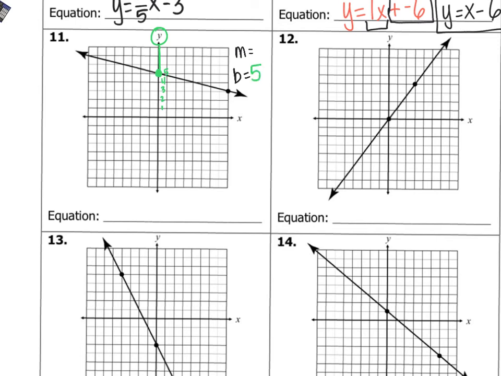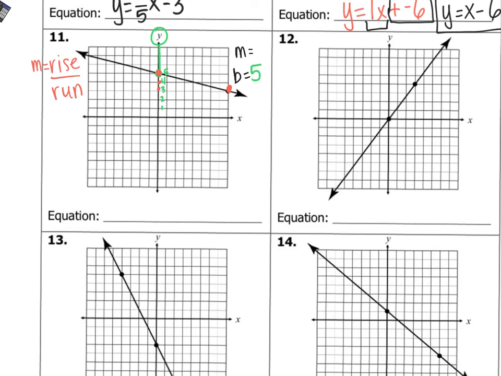And then to figure out what our slope is, we need to do rise over run. So we're going to go from our y-intercept, because that's one point that is identified on our graph. And then the other point that's identified is right here. To get from this first point, we're going to go down 1, 2.